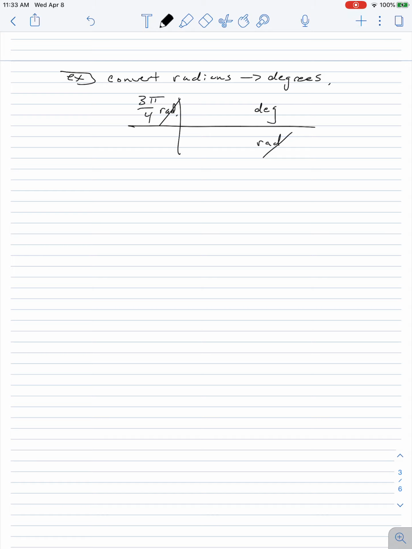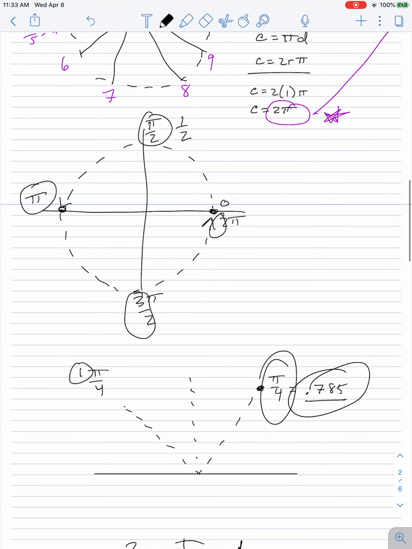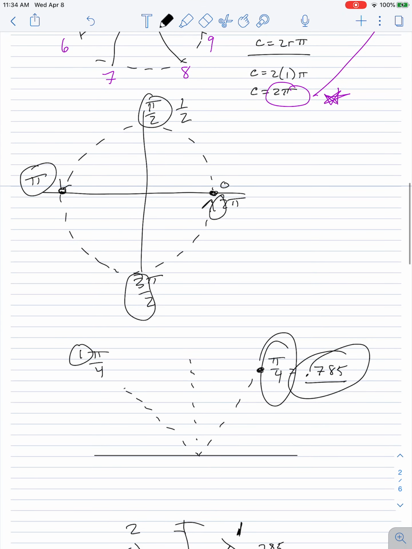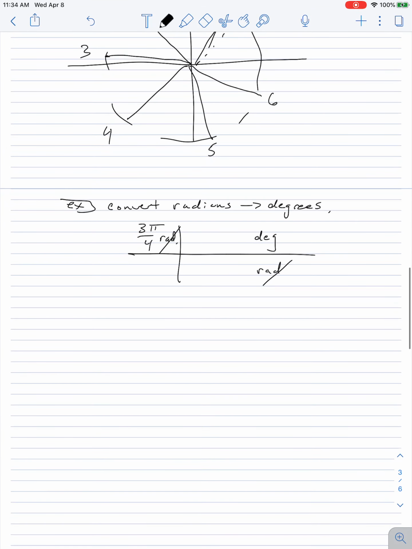And what you need is some kind of a ratio between degrees and radians. You can use any ratio you want. What I do is I go up here and I say, one easy thing for me to remember is that pi is 180. So I use that conversion rate. Pi radians equals 180 degrees.